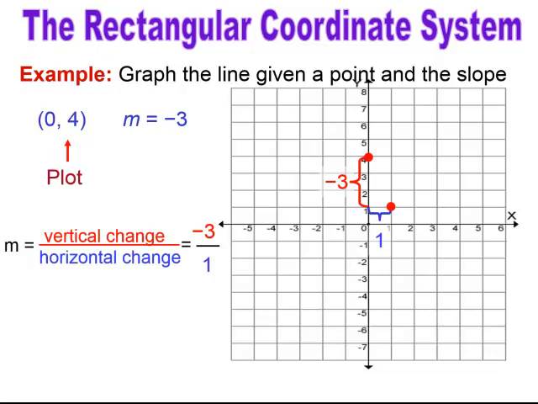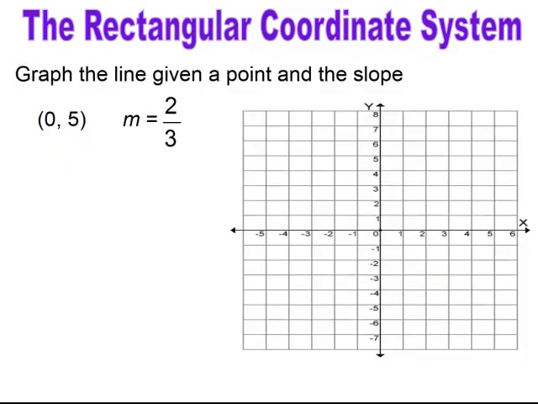And remember, it's the vertical change over the horizontal. And if the slope is negative, put the negative with the vertical change and move down, and always move to the right for the horizontal change. Now I can just graph the line, and I have the picture of the line.